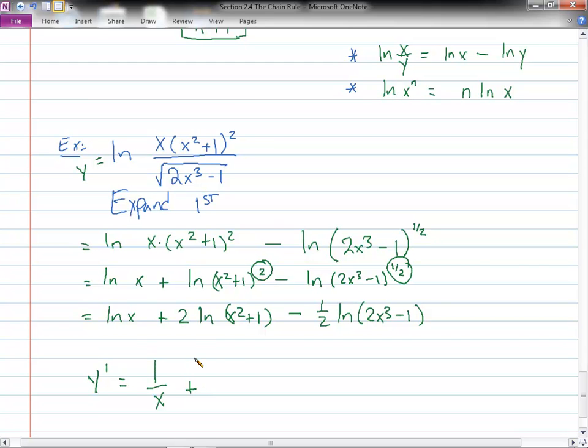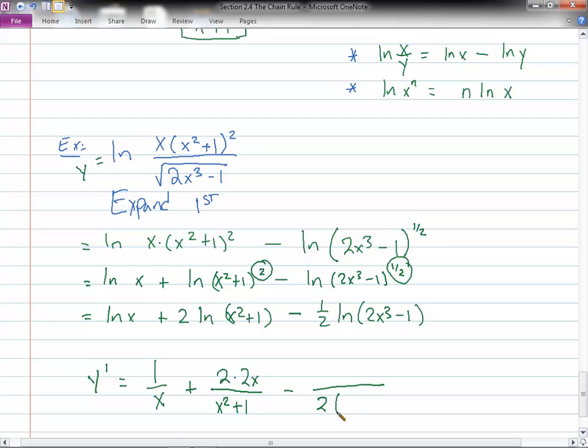Plus, now the 2 is going to just hang out. What's the derivative of natural log of x squared plus 1? You put the x squared plus 1 in the denominator, right? And then in top you multiply times the derivative, so a 2x up there. Right? 1 over what's inside times the derivative of what's inside. And then minus, you got a 2 down here on bottom now from this fraction.